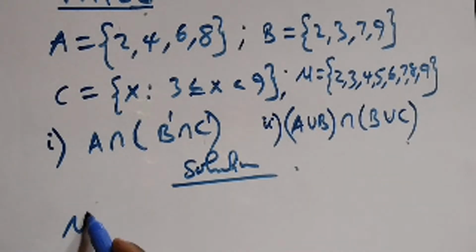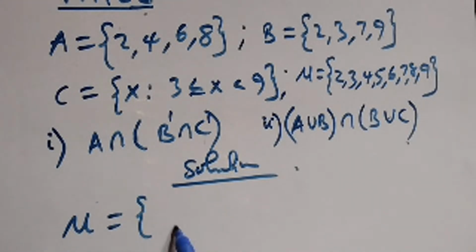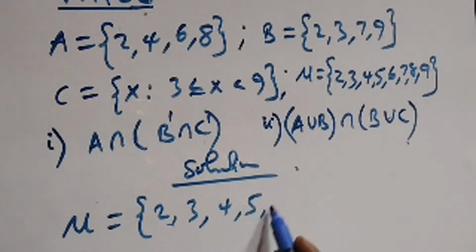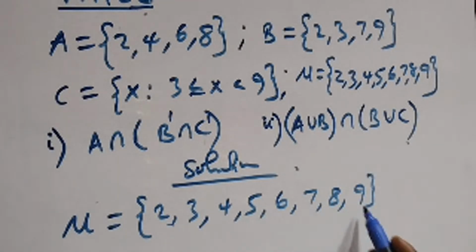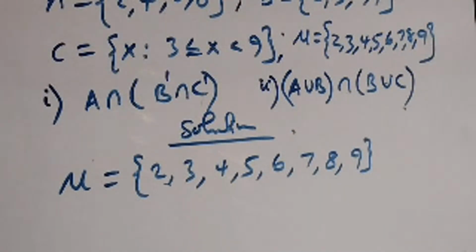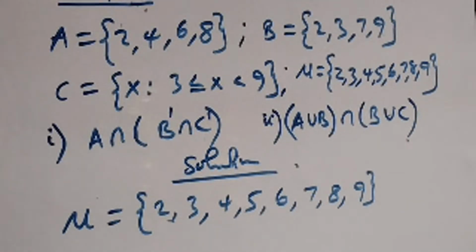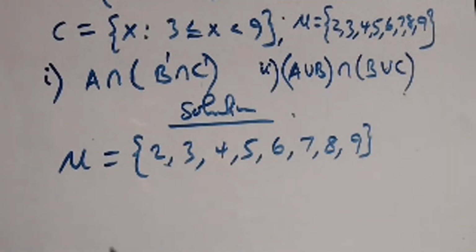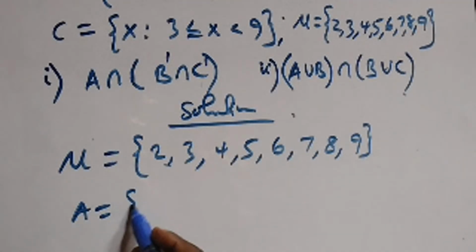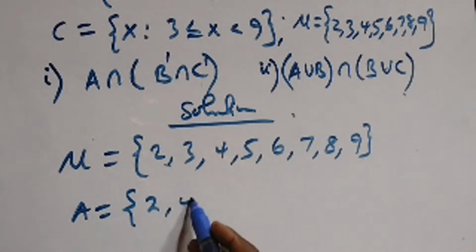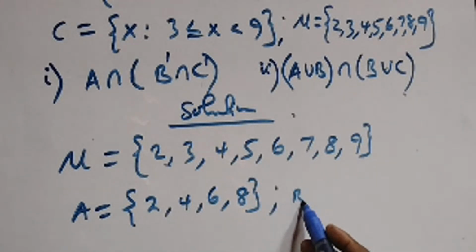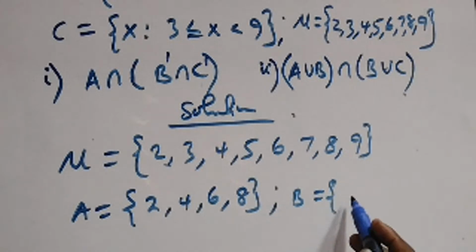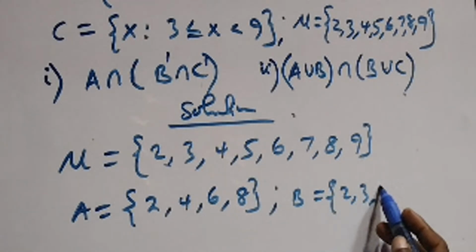The universe set given is 2, 3, 4, 5, 6, 7, 8, 9. And we have set A, stated as 2, 4, 6, 8. So that's even numbers. And set B also is stated as 2, 3, 7, 9.